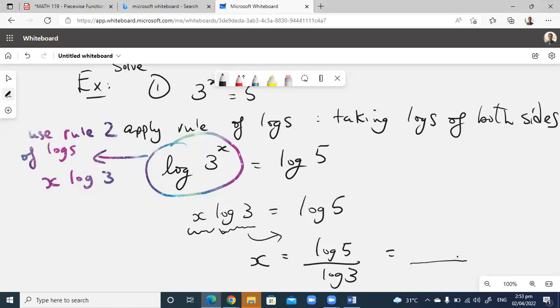And that's how I got that. All that's left for you to do is take your calculator, press log 5, divide button, log 3, get an answer, round it off to 2 decimal places, and you're finished.